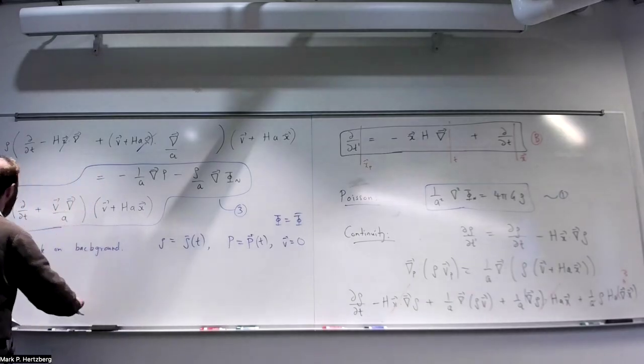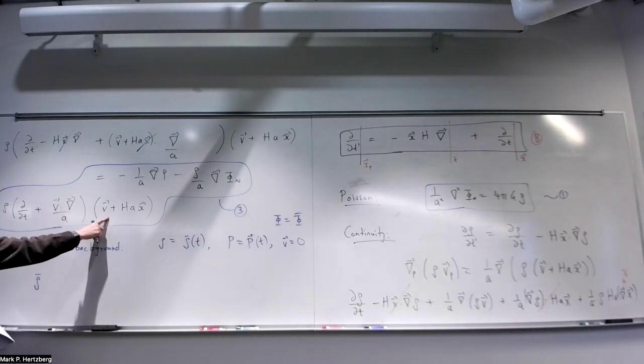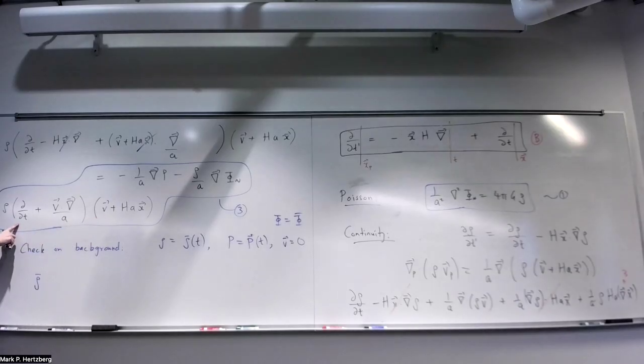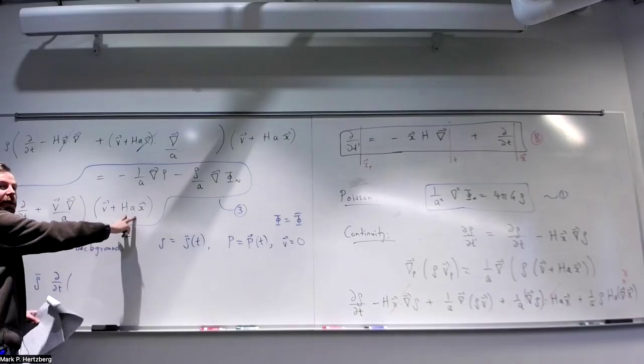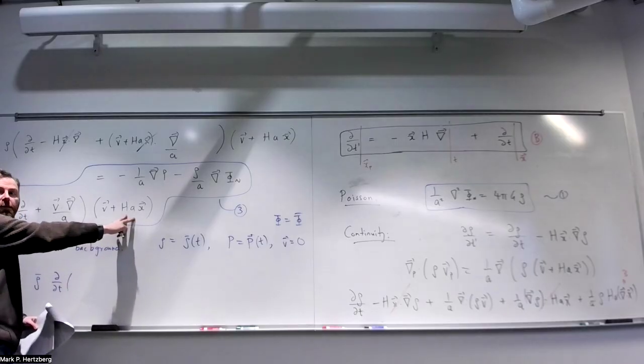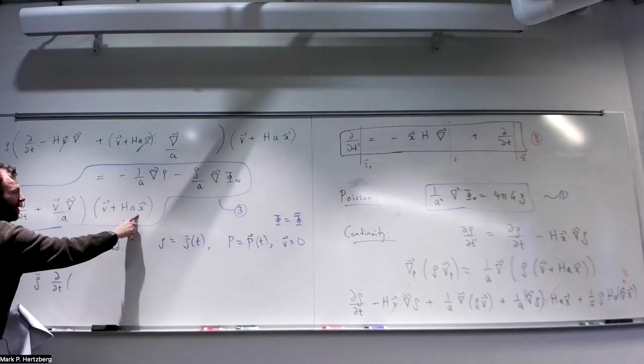All right. So then if I come here, this left-hand side has a rho background. The V's are 0, so they go away. And I have to write d/dt of the background velocity. So d/dt, I have to worry about this.